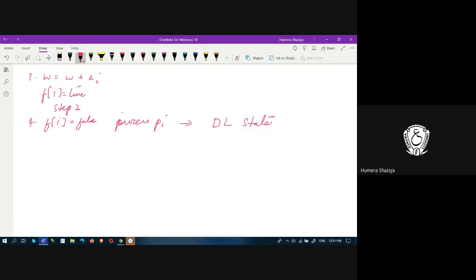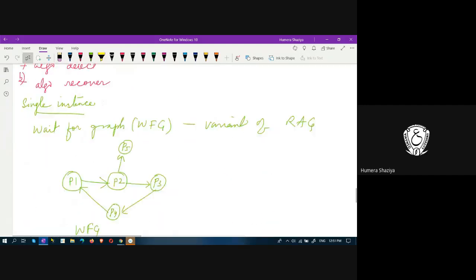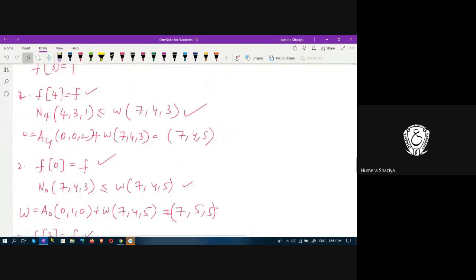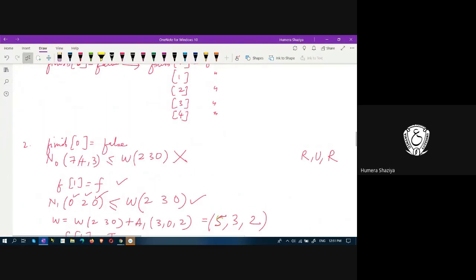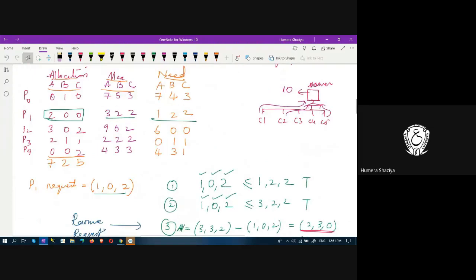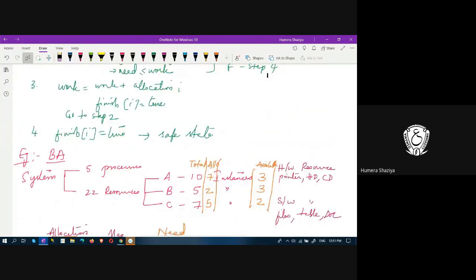All right, what you can do is, because the example which I worked on has created a vector finish of I having true for all. When it has true for all, it means that there is no deadlock.